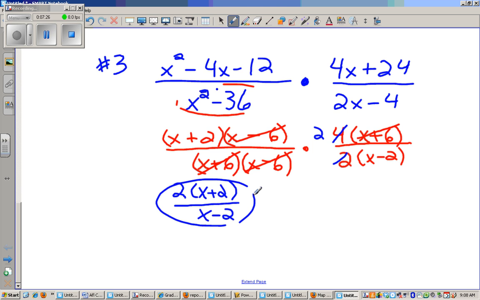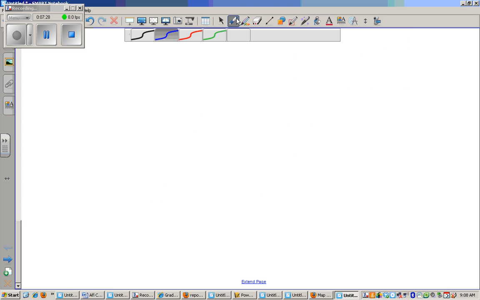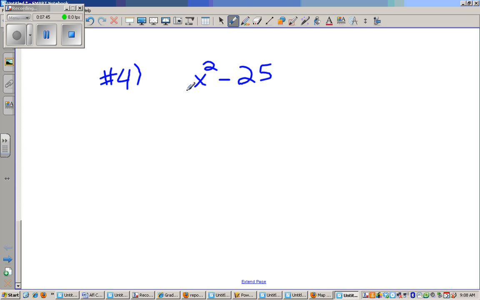All right, let's try another one. What if you had something like this? Let's see. And this time we're going to have a divide by symbol.